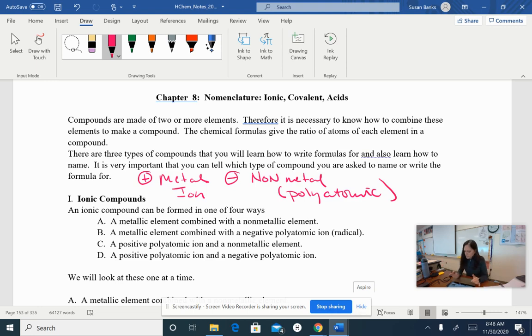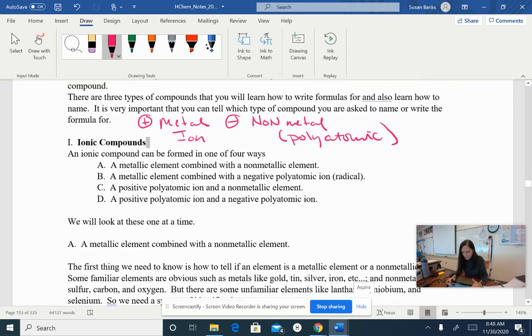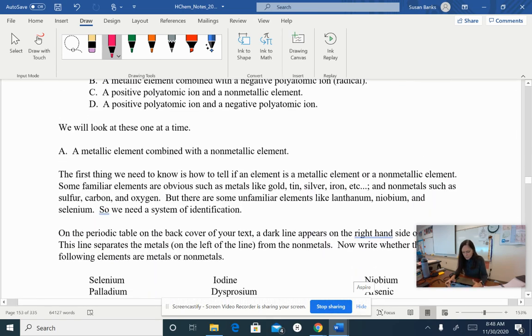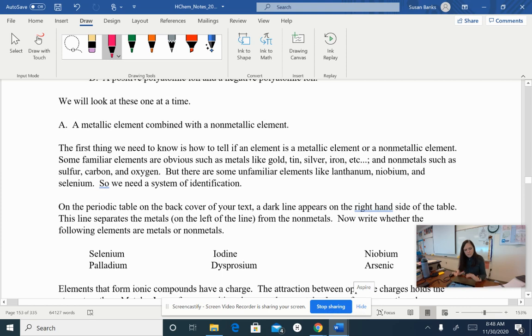Those are pretty rare, but we do have them. So anytime we have ions, we're going to use this. We're going to look at these four different categories one at a time. So A, we're going to look at a metal bound to a nonmetal.